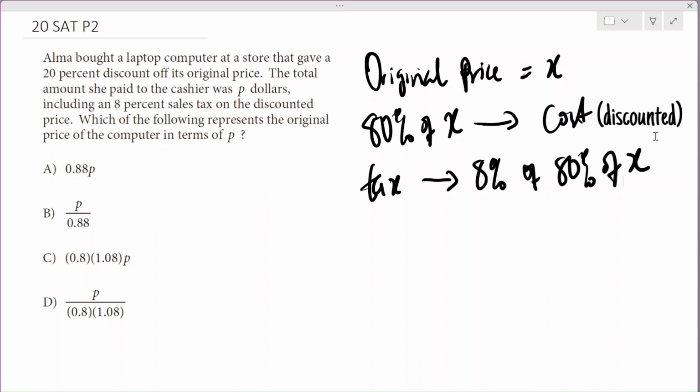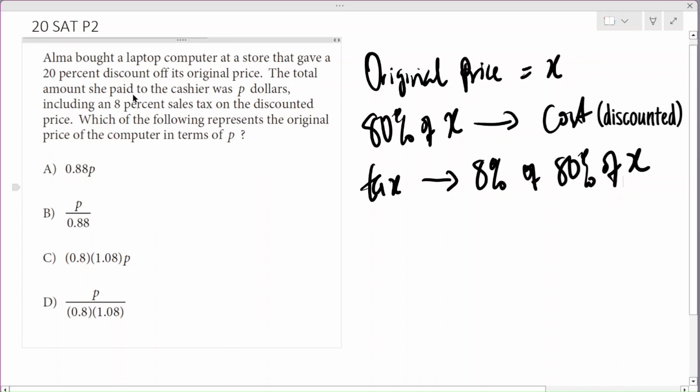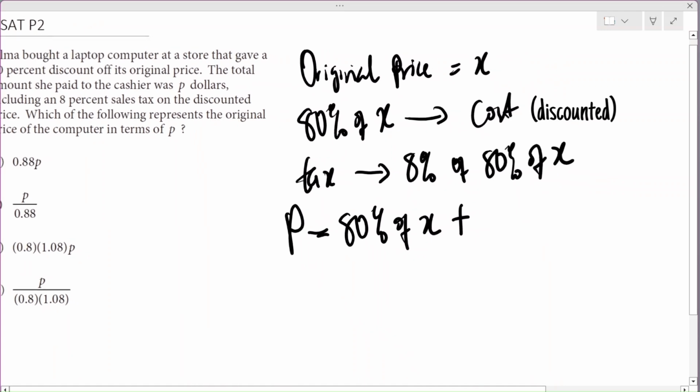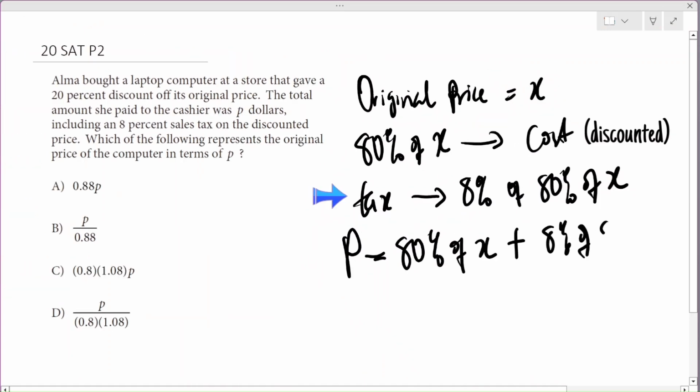We're asked to find the original price. So the total cost, which is P, is the discounted price, 80% of X, plus the tax, 8% of the 80% of X.